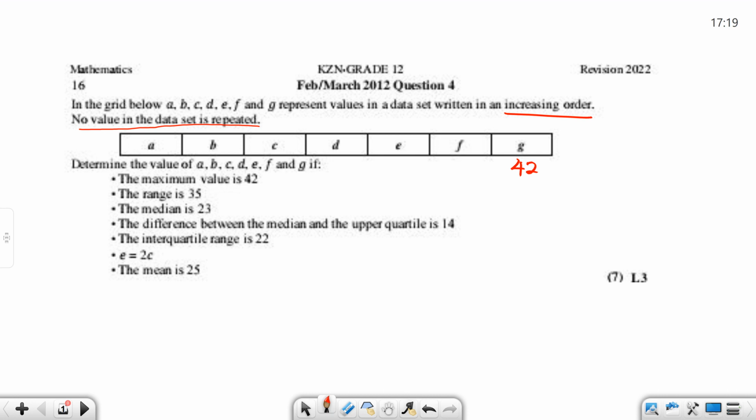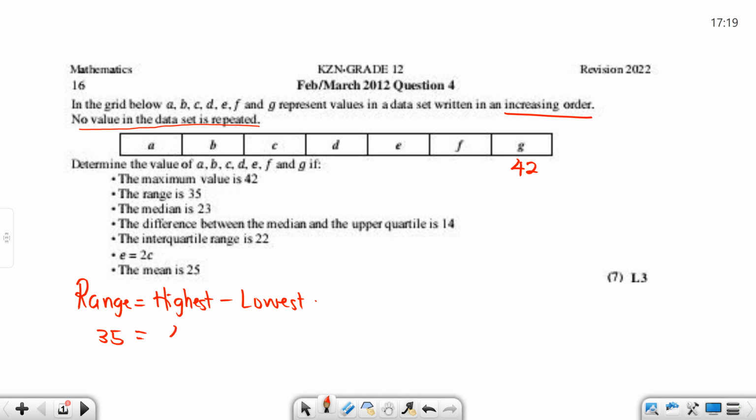Second one, the range is 35. What is range? The definition of range: highest minus lowest, or maximum minus minimum. So the range is 35.